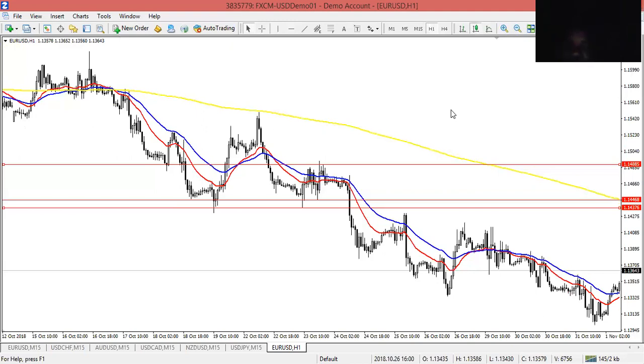Okay, this is what happens when you are trading. Trading on forex is different from trading on crypto. In crypto, when you buy a coin, the quantity of that coin that you have is fixed.